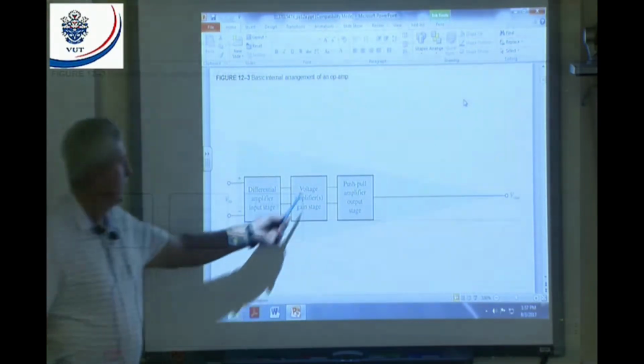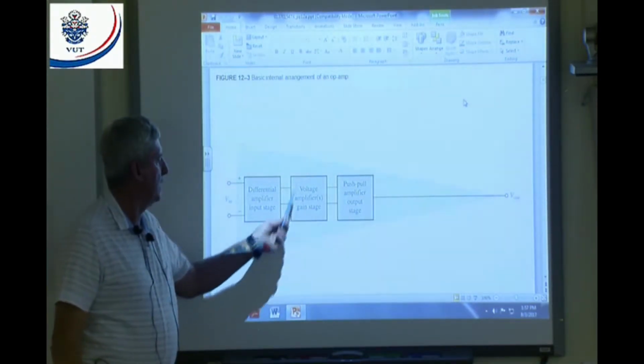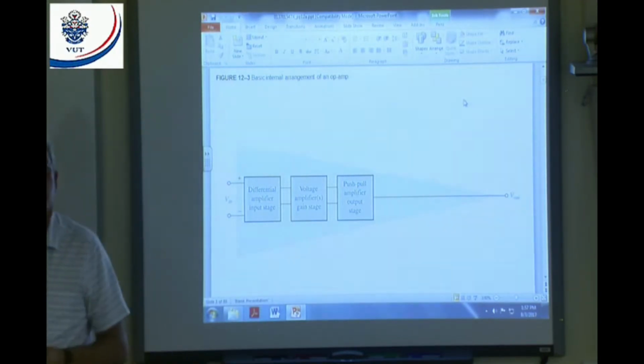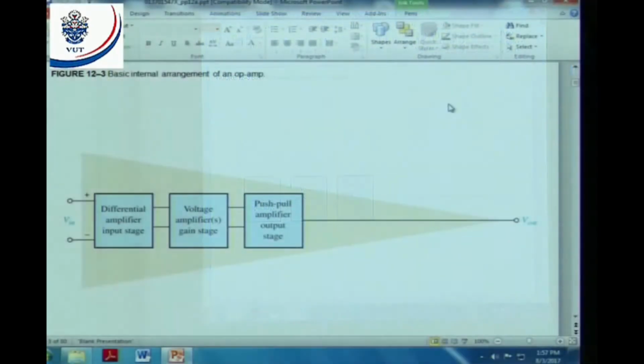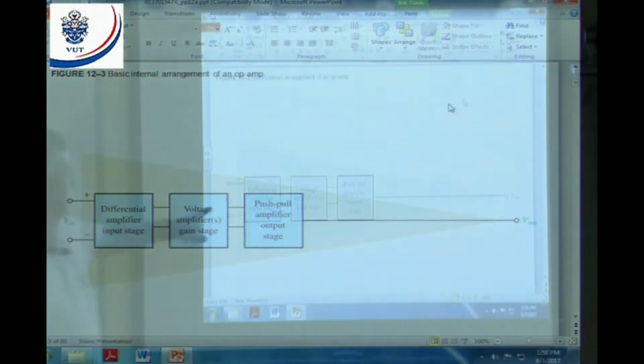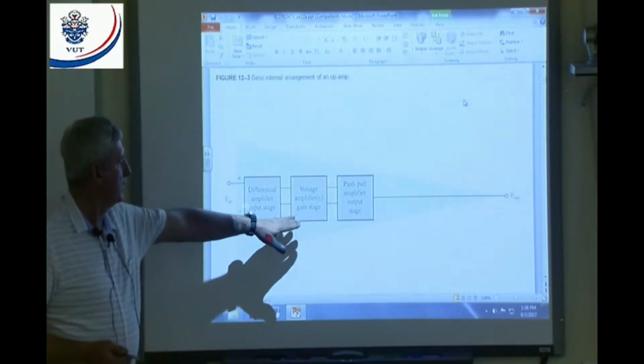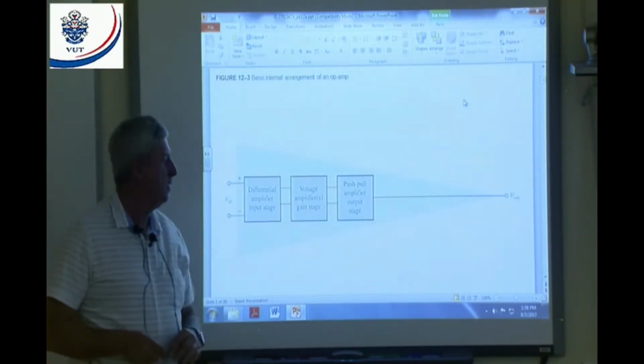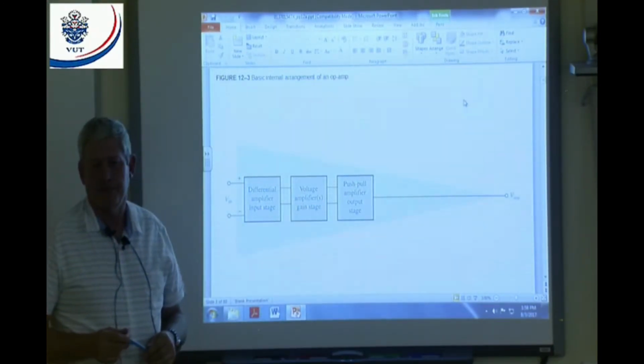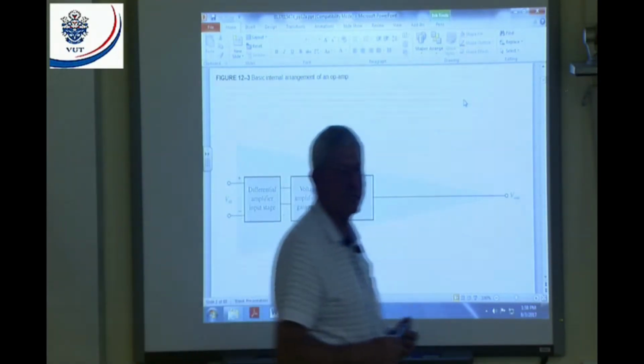Then we talk about a voltage amplifier gain stage. That will be like a common emitter amplifier, a small signal amplifier. And then on the output, you will have a push-pull amplifier to deliver a little bit more current, all right? First of all, I repeat: differential amplifier, a voltage amplifier gain stage, and then a push-pull amplifier. Any questions?